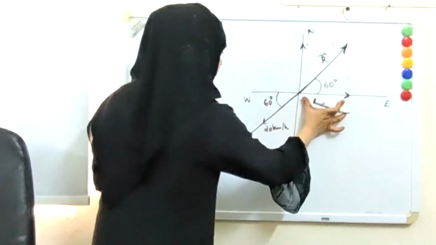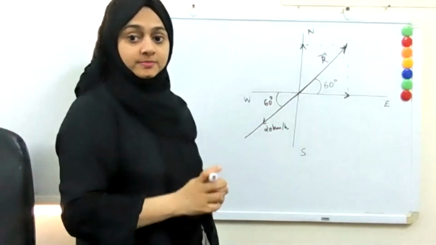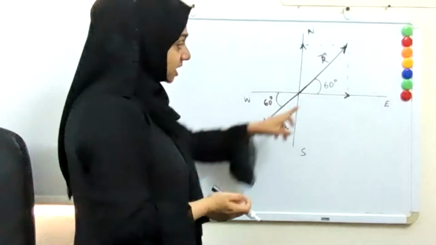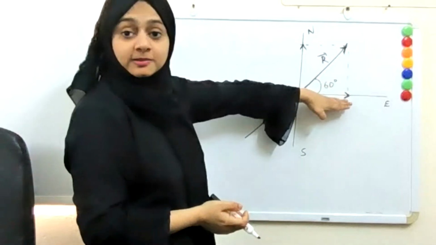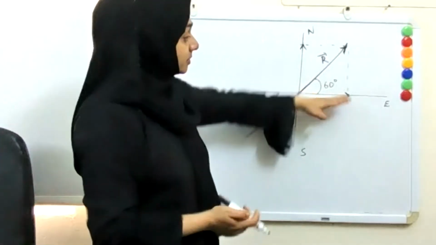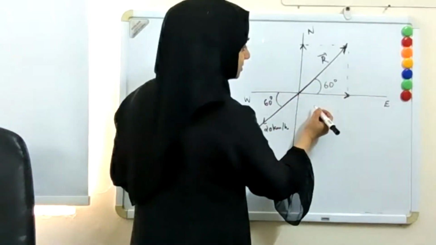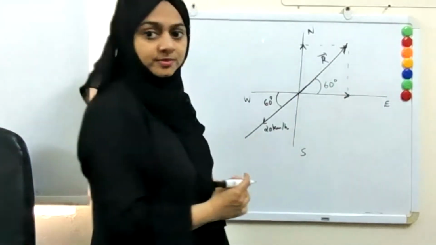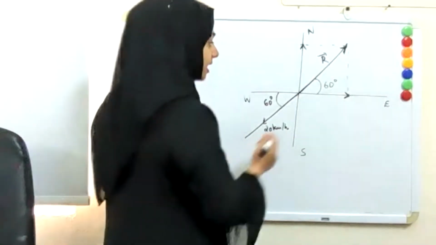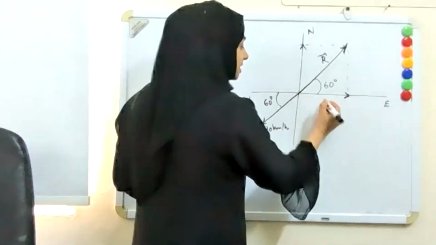What will be the component along east? Along the side where 60 degrees touching. 30. How did you get it? 90 minus 60. I'm not asking about this angle. I'm asking what will be the component.